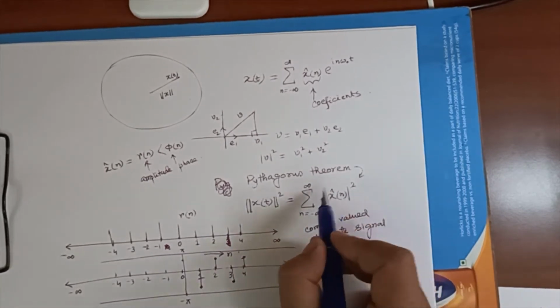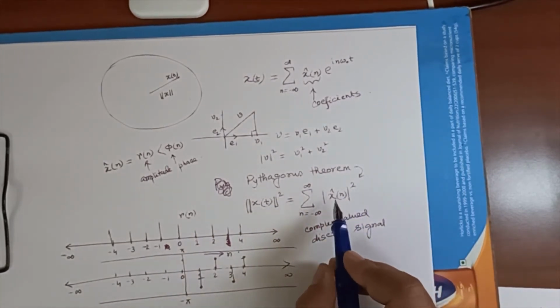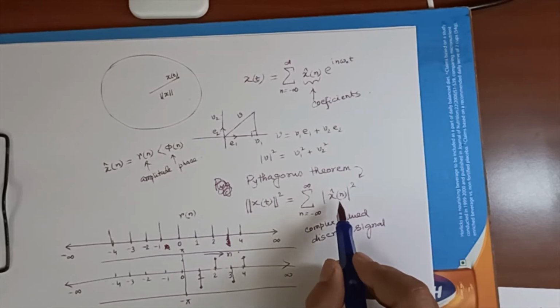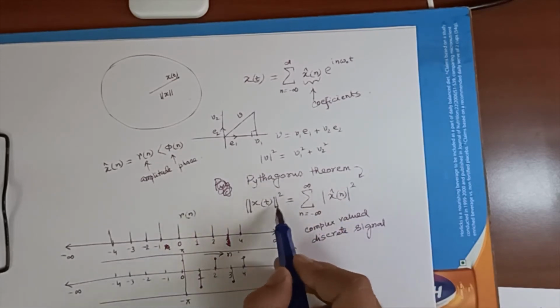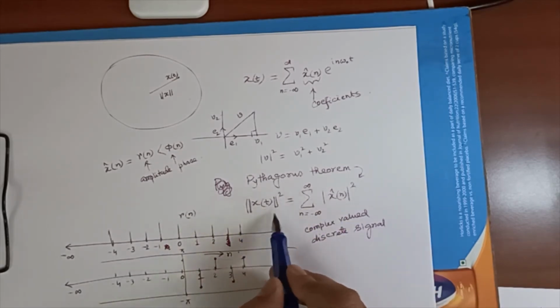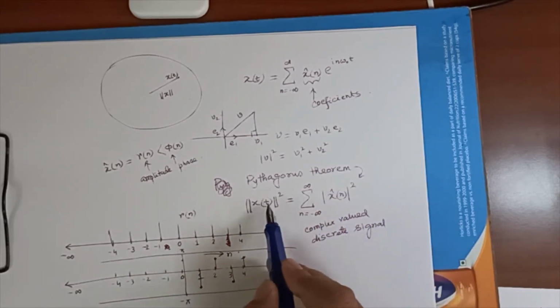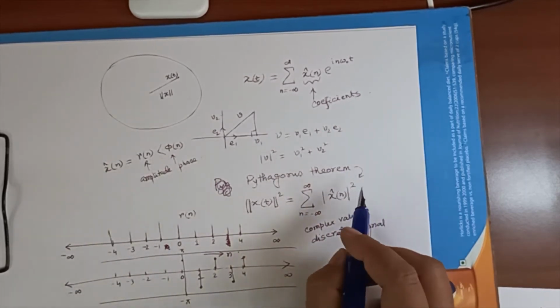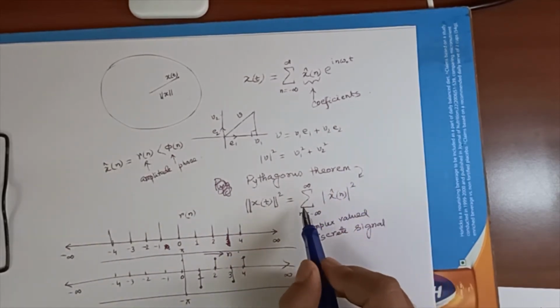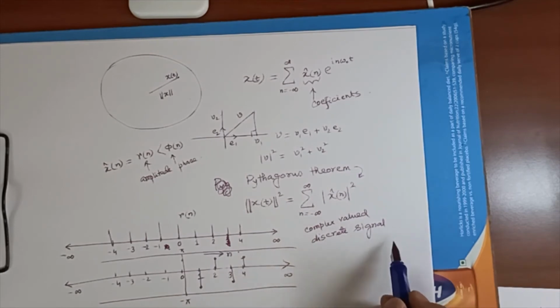So this particular theorem, the infinite dimensional Pythagoras theorem, says that the energy contained in the continuous time signal, the analog signal, this is the power in 1 unit period, is essentially equal to the energy contained in the complex valued discrete signal.